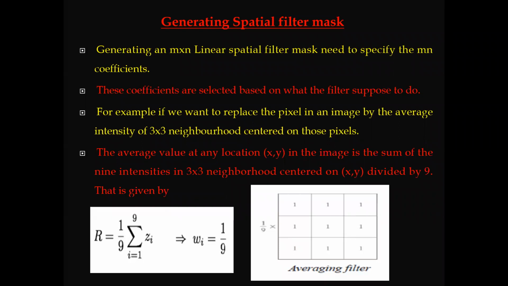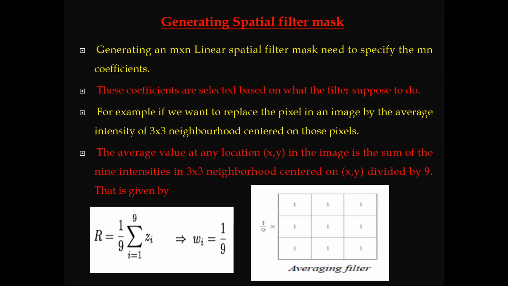What is this MN? MN is the size of the mask, consisting of M rows and N columns. In these M rows and N columns, the filter will have filter coefficients. These coefficients are selected based on what the filter is supposed to do.